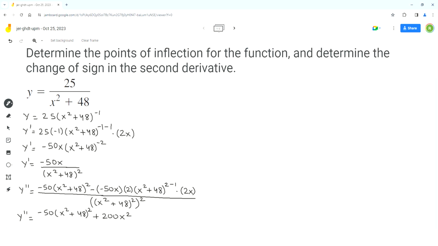Positive 50x times 2 is 100x, and 100x times 2x is 200x squared, and then times x squared plus 48 exponent 1, but we don't write 1 as an exponent. In the denominator, we can use the power of a power law of exponents to combine the exponents, so we get x squared plus 48 exponent 4.